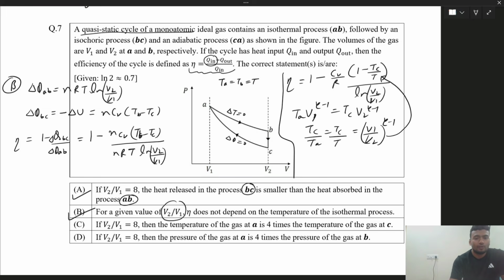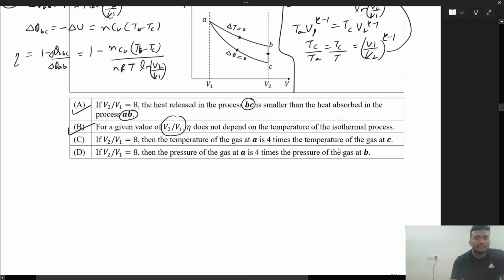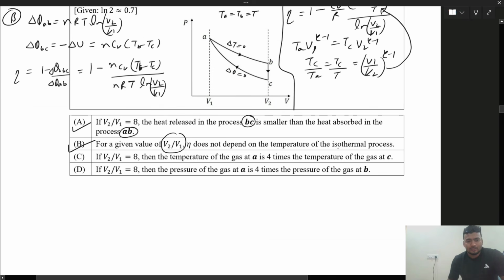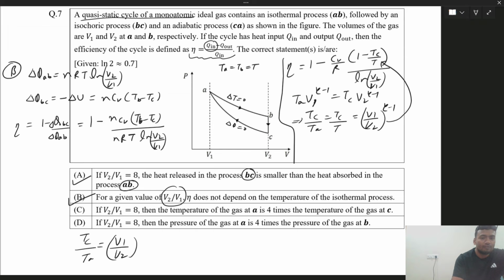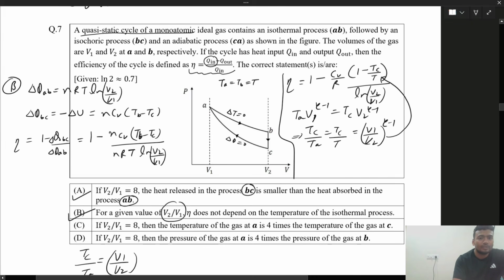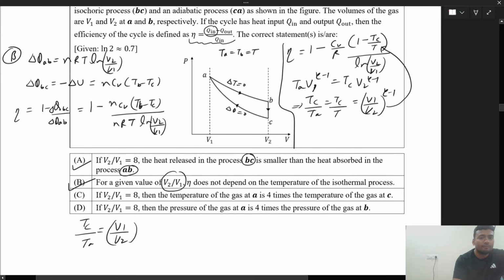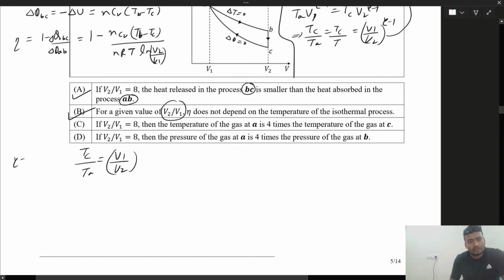Now, how to verify options C and D? That is easy. For C, V2 by V1 is 8, then the temperature at A is 4 times as compared to C. So you directly use this relation. TC by TA is V1 by V2 to the power gamma minus 1. And what kind of gas is it? It is monoatomic, so gamma will be 5 by 3.